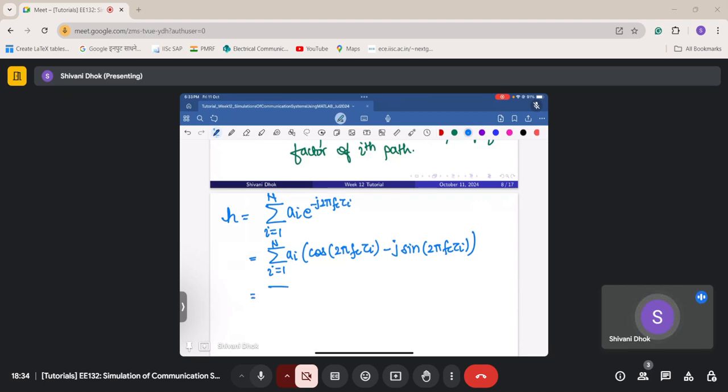That you can separate out: summation i equal to 1 to n of a_i cos 2 pi fc tau_i, minus j times summation i equal to 1 to n of a_i sine 2 pi fc tau_i.